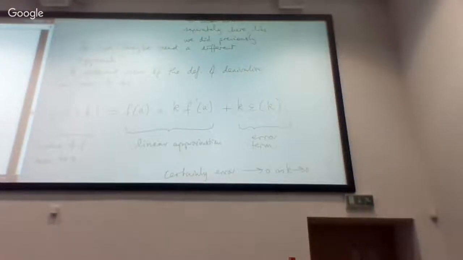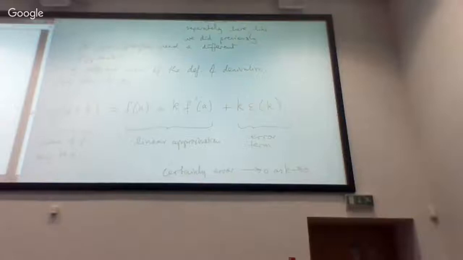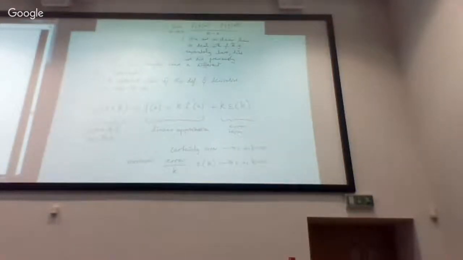But moreover, the error term divided by k, which is equal to epsilon of k, goes to 0 as k goes to 0. This epsilon function, which we introduced a moment ago, we noted had this important property that it converged to 0 as k converges to 0. This gives us our alternative view of the definition of the derivative.